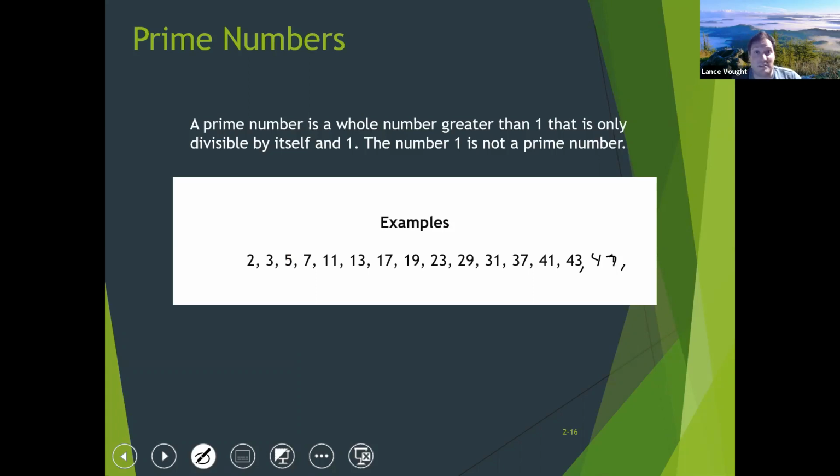But it's a good guess. 51? Well, if we go back to our rules, if you take 51 and add the digits together, it's 5 plus 1, which is 6. So that means it's divisible by 3. 51 divided by 3 is 17. So 51 is actually not a prime number either.